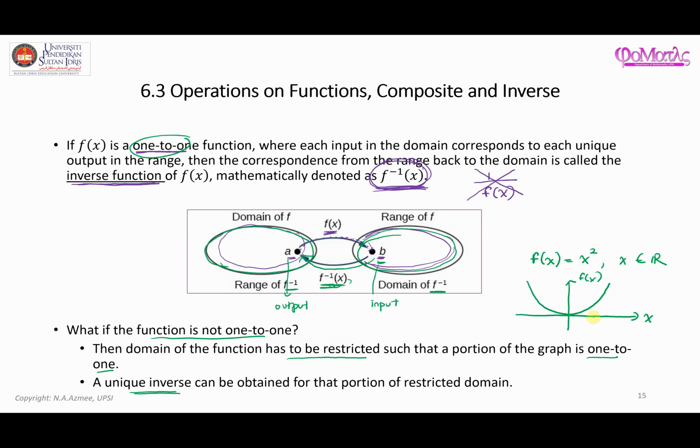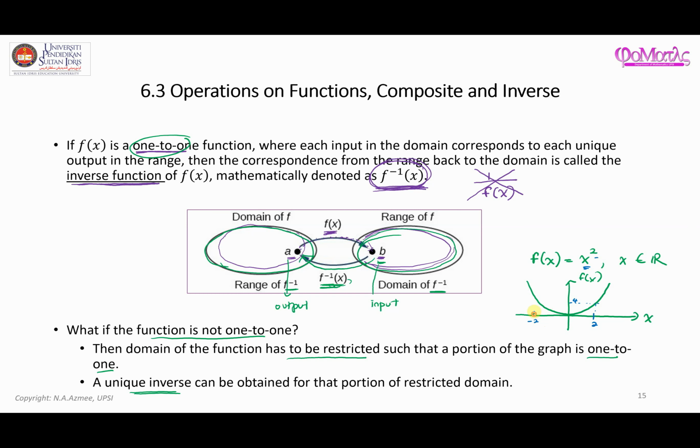when, for example, if I have x is equal to 2, this function will give the value of 4, because 2 to the power of 2 is 4. The same thing when I have negative 2.